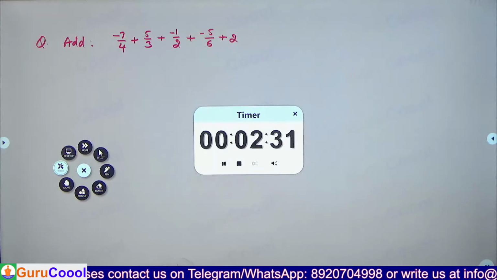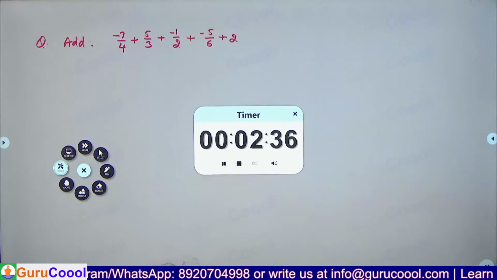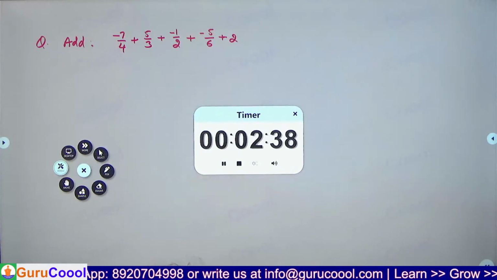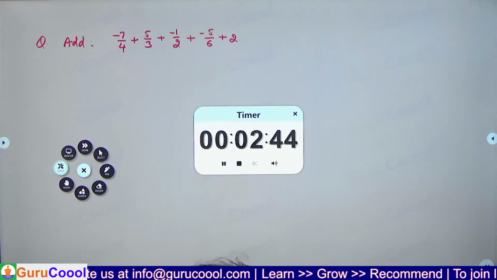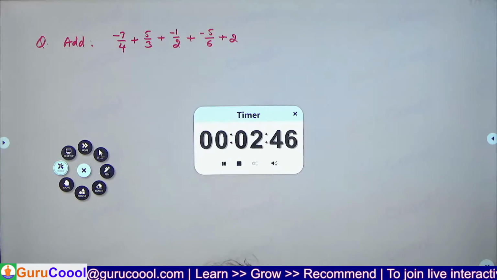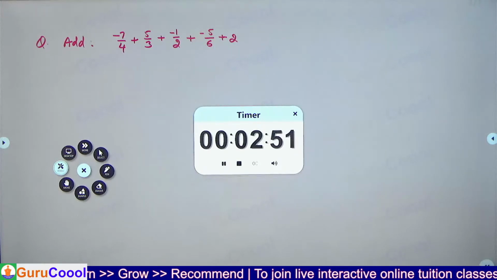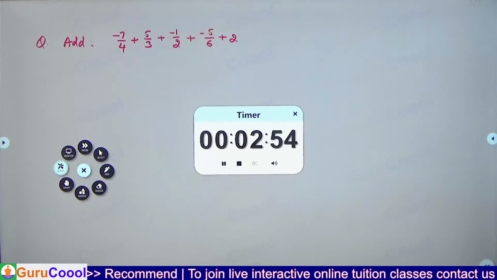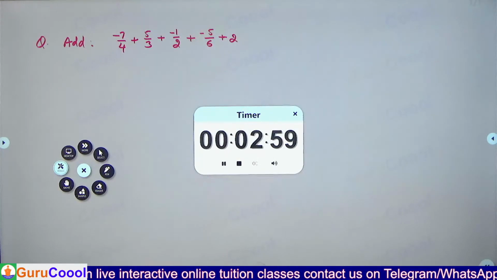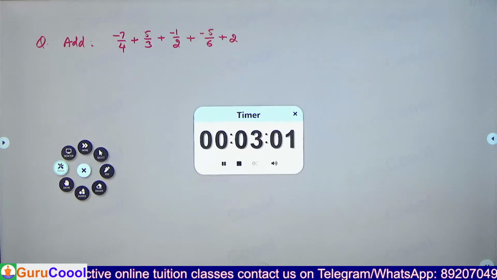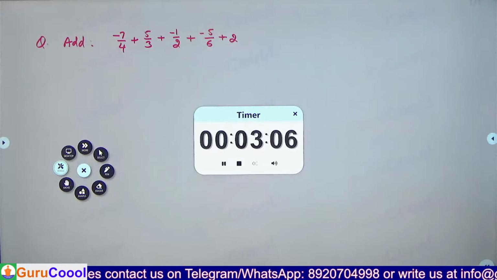You had only 2 minutes to solve. 1 minute to submit. Don't be late now. Submit whatever you have done. Time over.